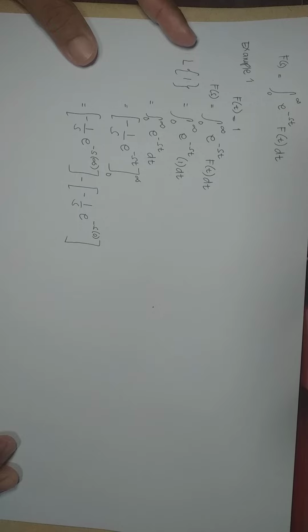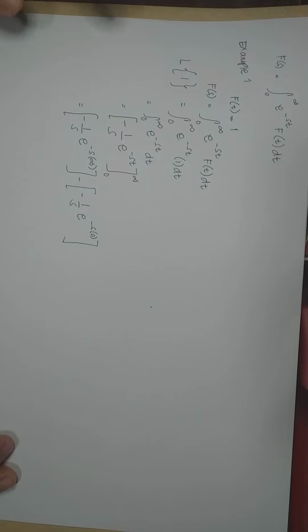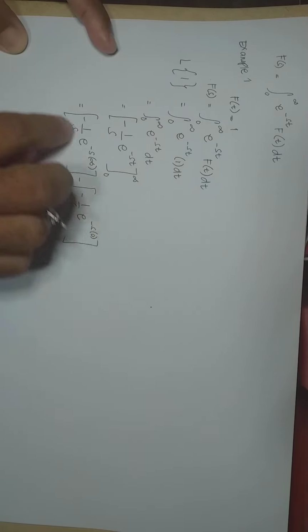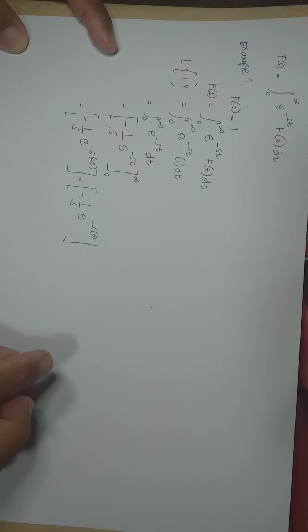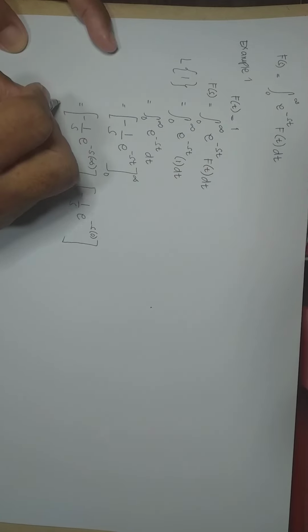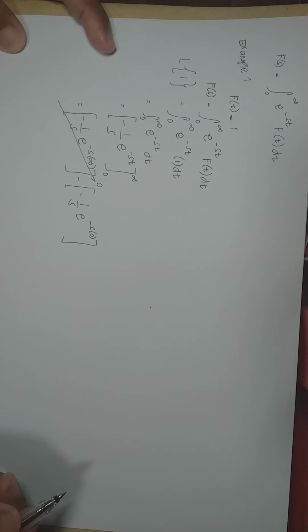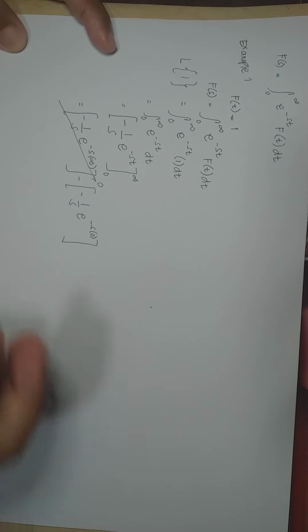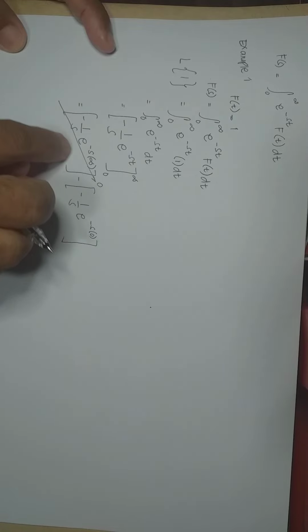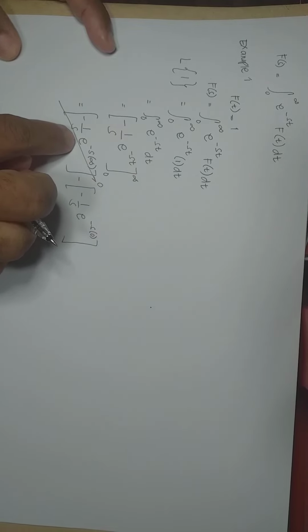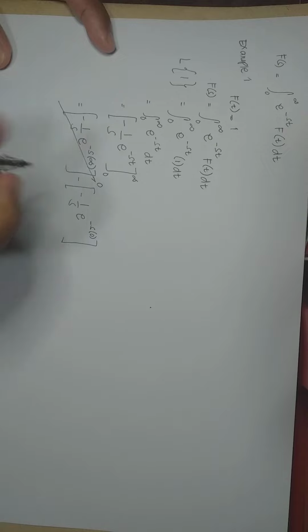Okay? So this thing here approaches infinity, meaning this approaches 0. We cannot possibly find the value of this since this is approaching infinity, but it will definitely approach 0.